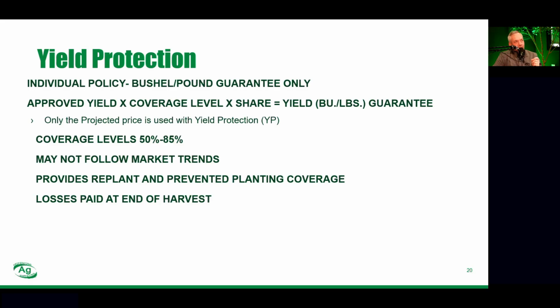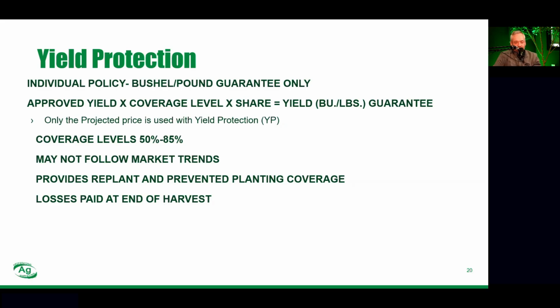Now, for yield protection, we are going to incorporate the spring price of crop insurance to convert our bushels into dollars, right? Because if we don't meet our bushel guarantee, the crop insurance company is not going to bring us bushels in a semi. They're going to send us a check. And so they're going to say, you're 10 bushels short, price is $4, here's $40 an acre, right?